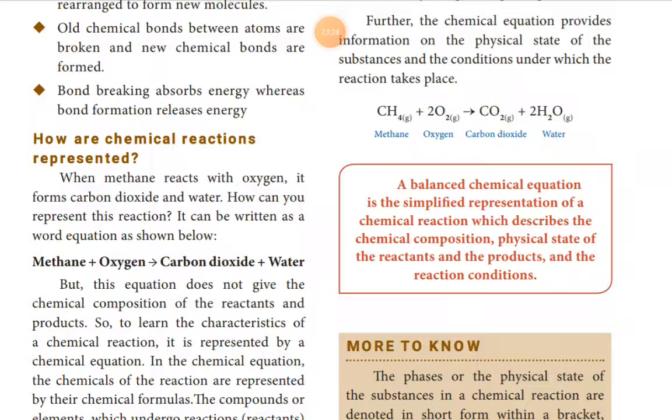So what is called a balanced chemical equation? It is a simplified representation of a chemical reaction which describes the chemical composition, the physical state of the reactants and the products, and the reaction conditions. A balanced chemical equation always gives this information: the number of atoms and the composition, and the physical state of the reactants. CH4 is a gas, oxygen is also a gas. It also gives the conditions, whether energy needs to be supplied, pressure applied, or any catalyst introduced.